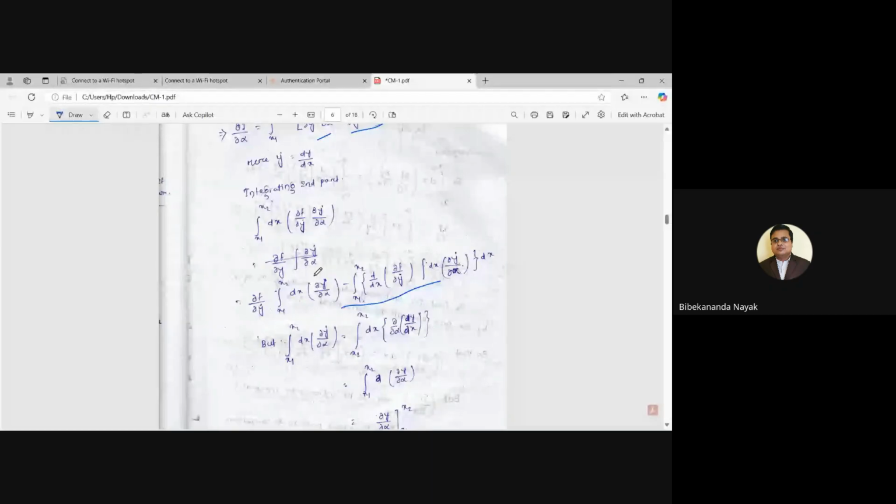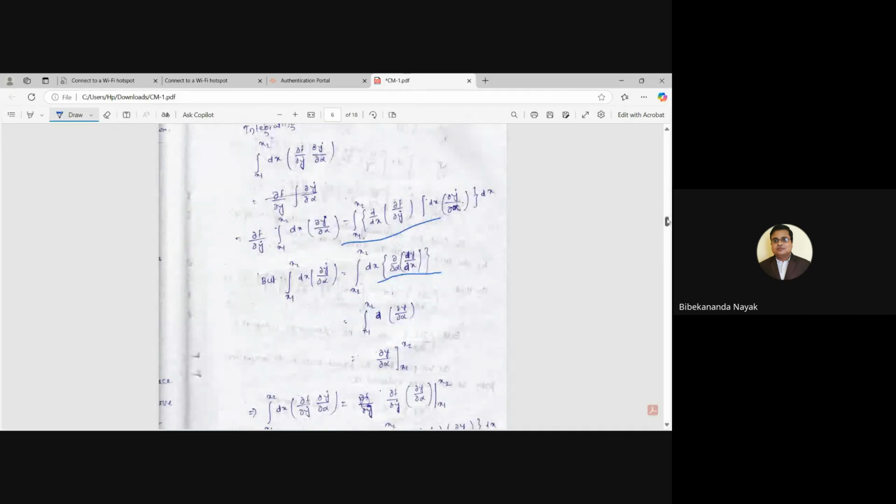If we integrate it, actually y dot means dy by dx. So it is dx del by del alpha of dy by dx. If I interchange alpha and x, they are independent parameters, so it will be d by dx of del y by del alpha. So dx can be cancelled inside the integration, by the inverse chain rule.